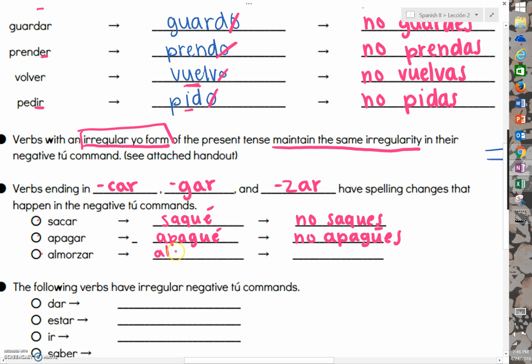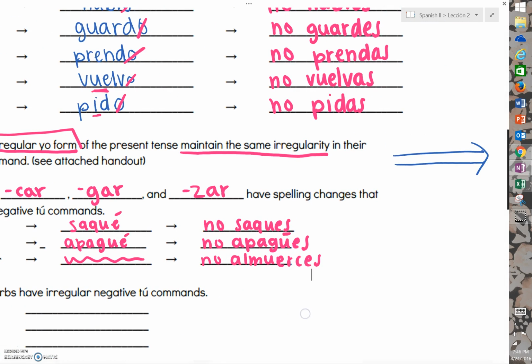Almorzar is a little bit tricky because we have to remember that almorzar is an O to UE stem change. So we're actually going to keep this stem change when we form our negative command. So we would get no almuerces. Okay? You have to remember the changes that happen to car-gar-zar verbs.